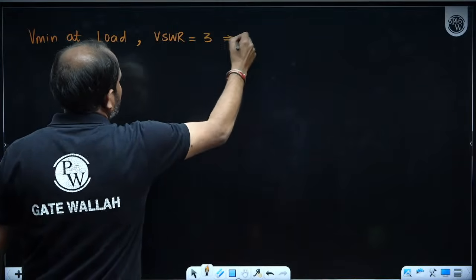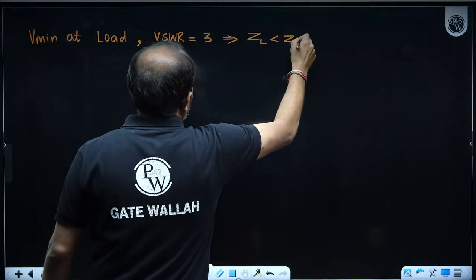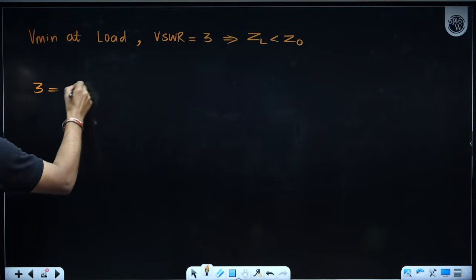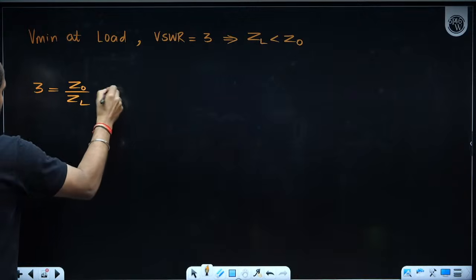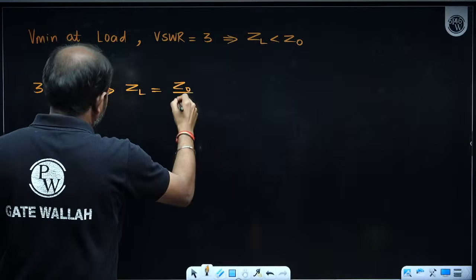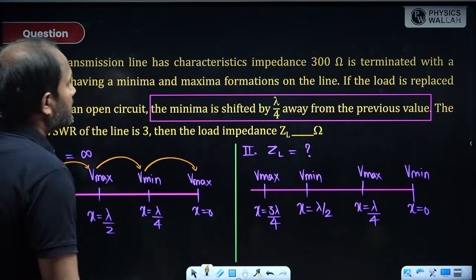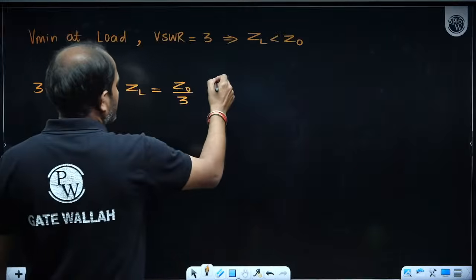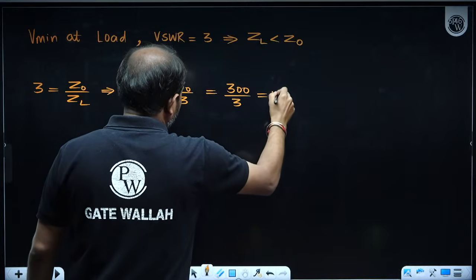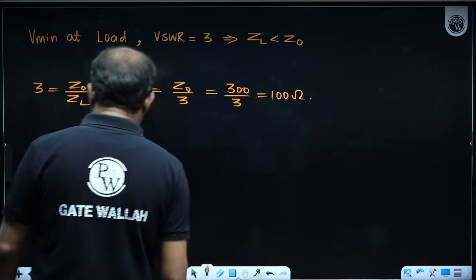So ZL is less than Z0. VSWR is equal to Z0 by ZL, so ZL is equal to Z0 by 3. Z0 is given as 300 ohm. 300 divided by 3 will be 100 ohm.